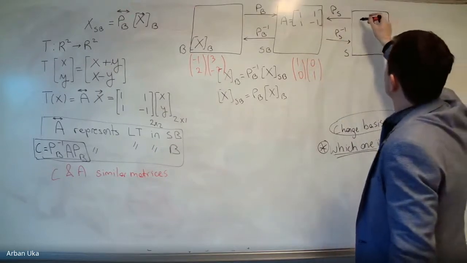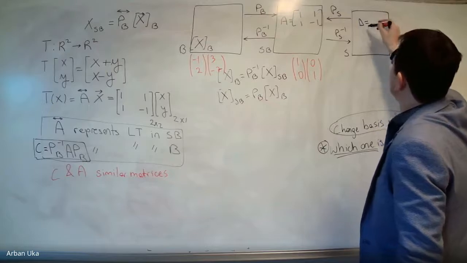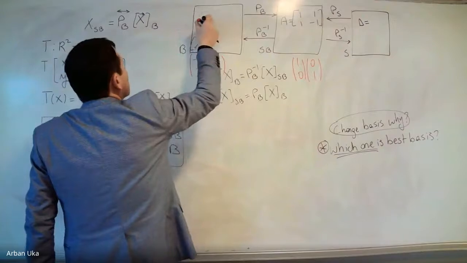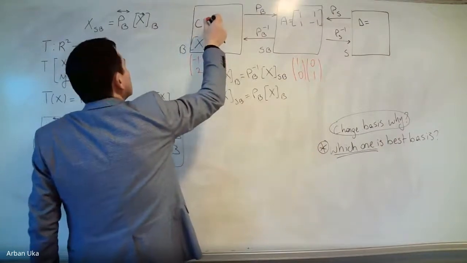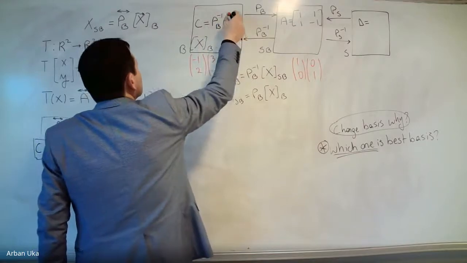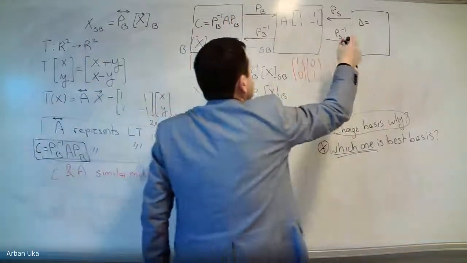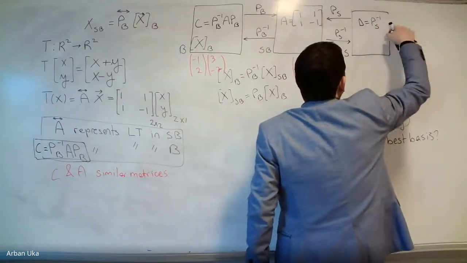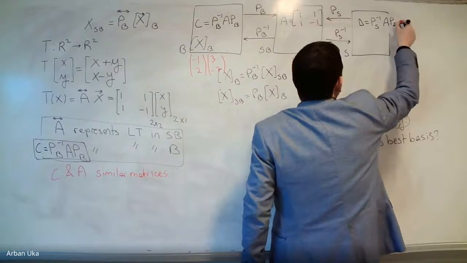Let's consider this as a matrix D. And let's do here the C. According to the definition we provided, C is going to be PB inverse times A times PB. And D is equal to PS inverse times A times PS.